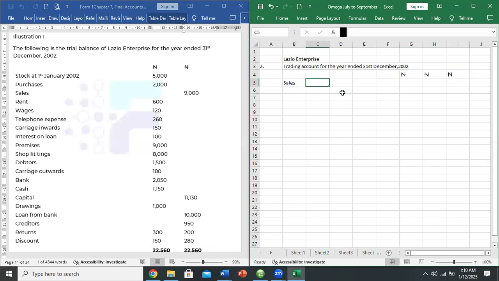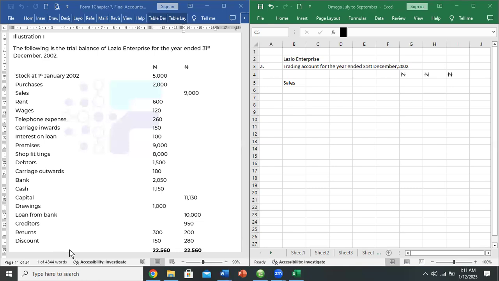Like you all know, we follow by less return inwards. So let's check the question. There is returns, and you see the returns, you have 300 at the debits and 200 at the credits. So which of them, professors, is your return inwards and which is the return outwards? Quickly, if somebody can do that for us.